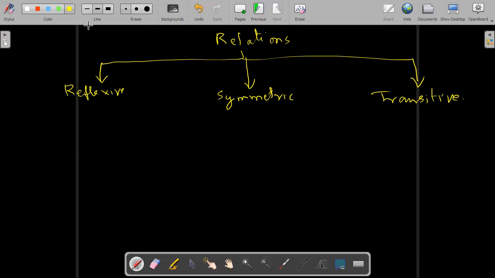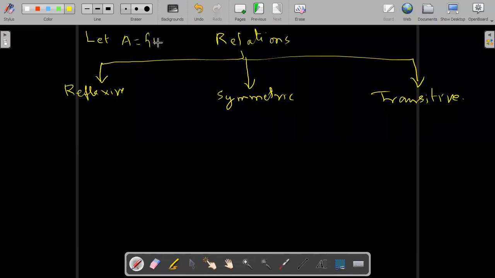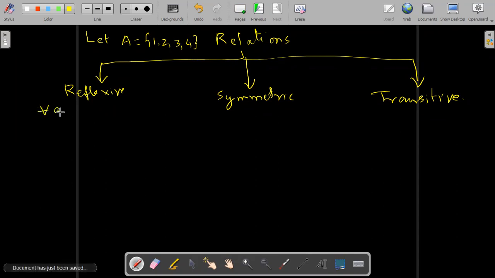We will write the definitions later on. First, we will try to understand what reflexive relations are, which is a very important thing. Let us take one example. Let A be a set of elements 1, 2, 3, 4. So, definition first. Do you know this sign? For all.